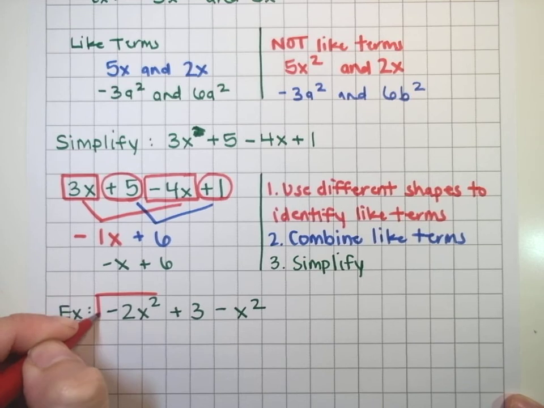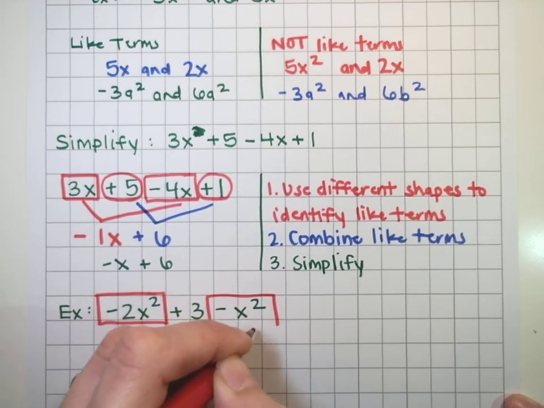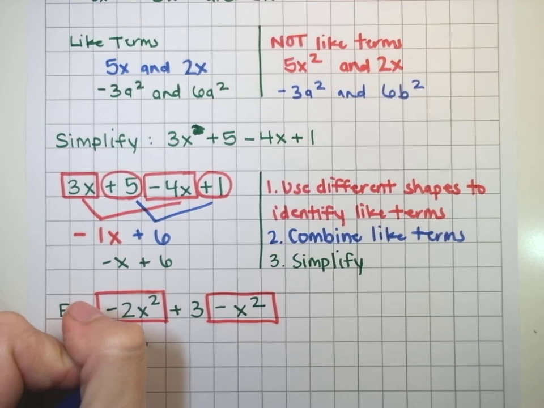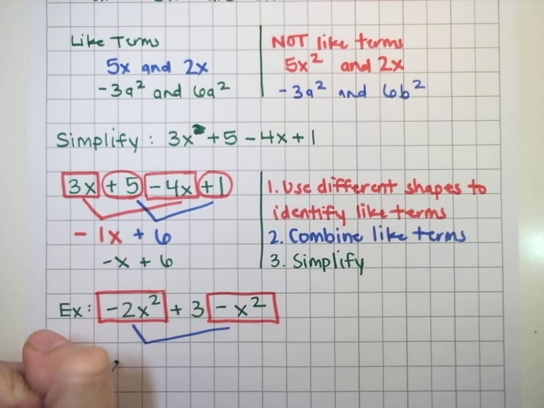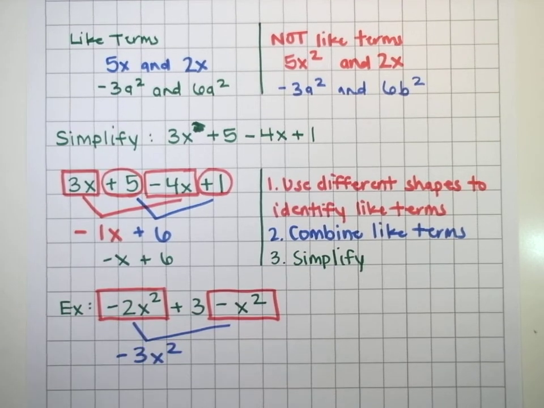So those are like terms. Then we want to combine like terms. So negative 2x squared plus negative x squared gives us a total of negative 3x squared. And then we just bring down our positive 3. There was nothing to combine that with. And there is our simplified expression.